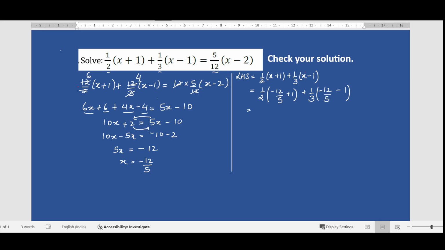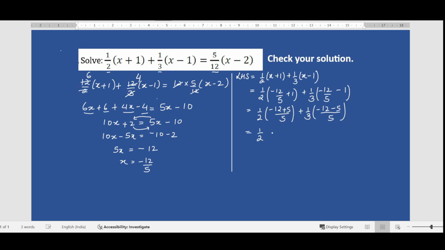Now we'll take LCM. So this will give you 1 by 2 into minus 12 plus 5 upon 5 plus 1 by 3 into minus 12 minus 5 by 5.